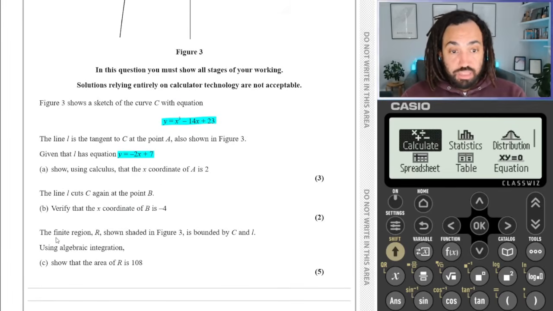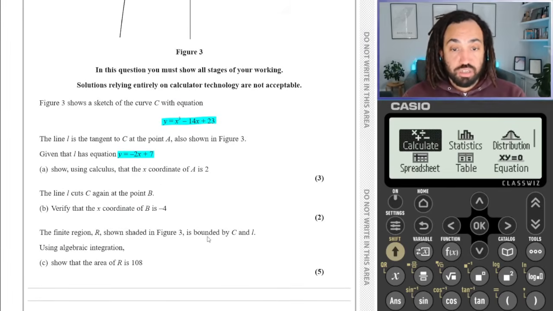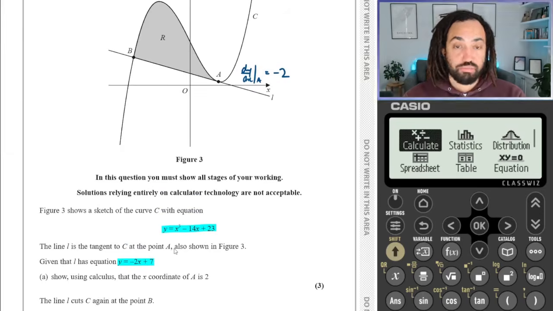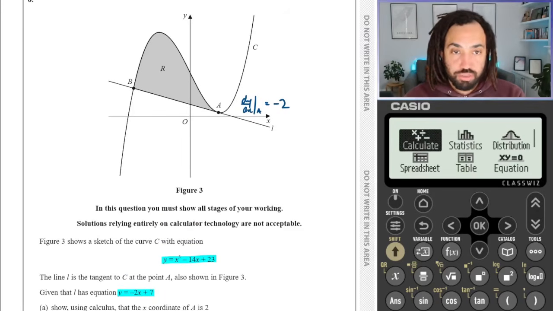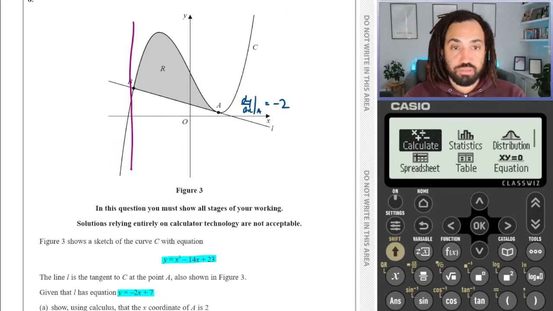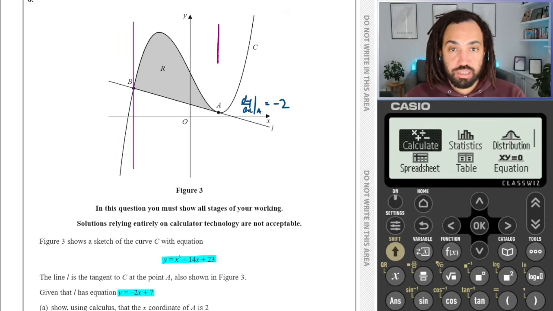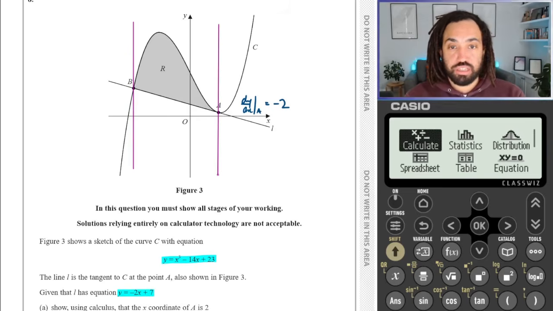Okay, now it says that the finite region R is shown. We need to use algebraic integration to show that the area is 108. Okay, so the first thing we're going to do, let's draw down the limits of where we're going to be integrating. So we need a straight line down there and a straight line down there.